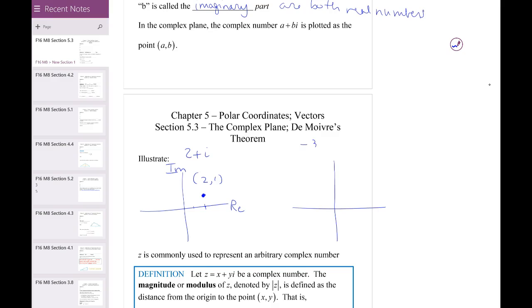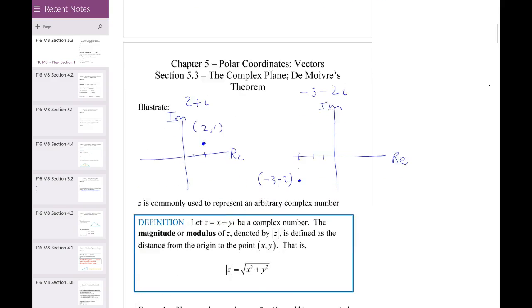If I have -3 minus 2i, I label my axes real and imaginary, and I go -3 on the real axis and then down 2 in the imaginary direction, and the point (-3, -2) represents the complex number -3 minus 2i in the complex plane.